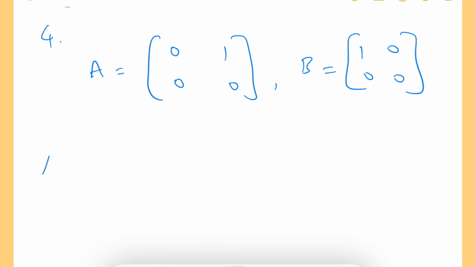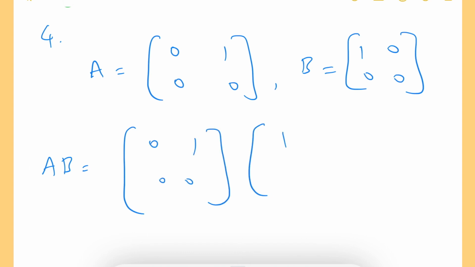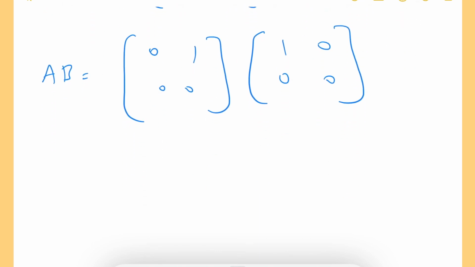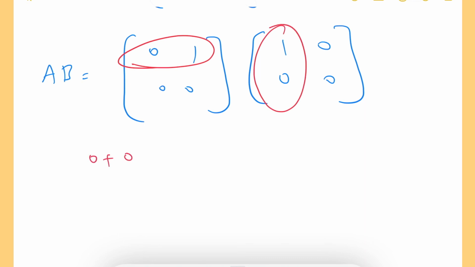Now these two I will multiply, that is A into B. A value is 0, 1, 0, 0 and B value is 1, 0, 0, 0. Now if we simplify this, first row we multiply with the first column: 0 into 1, 0 plus 1 into 0, 0.